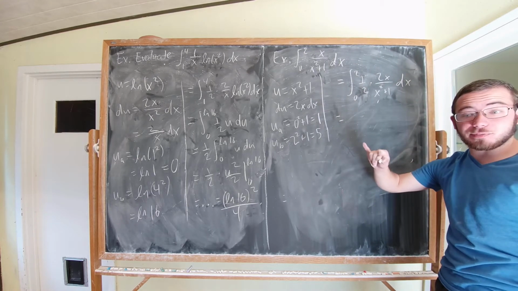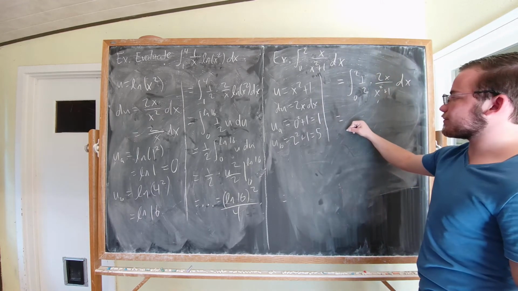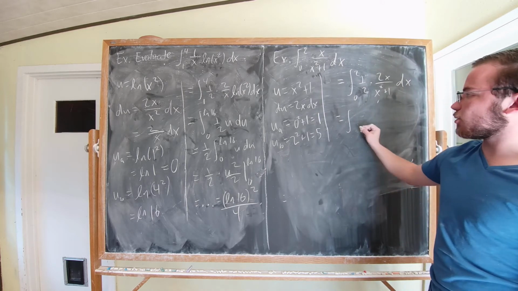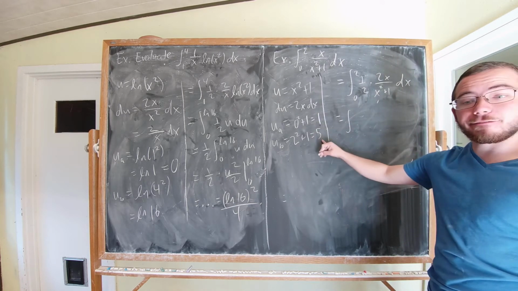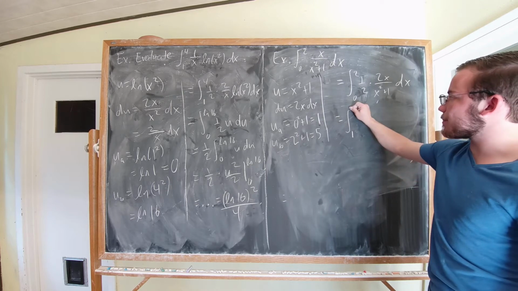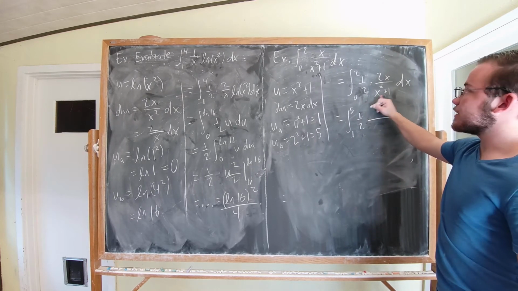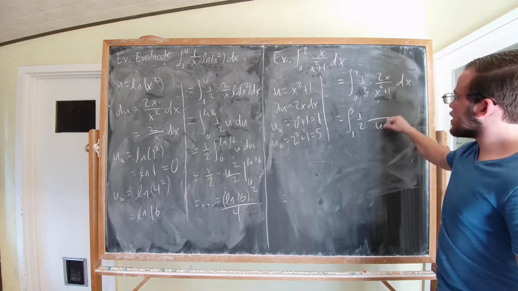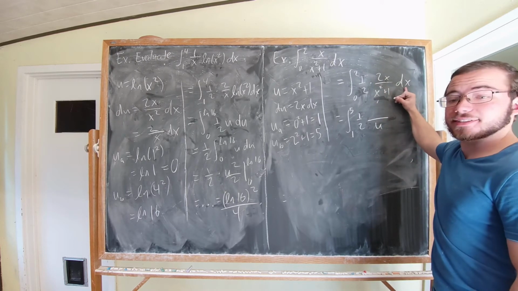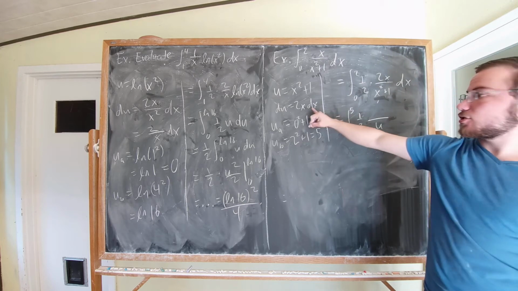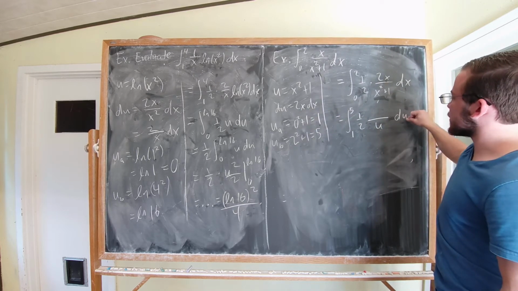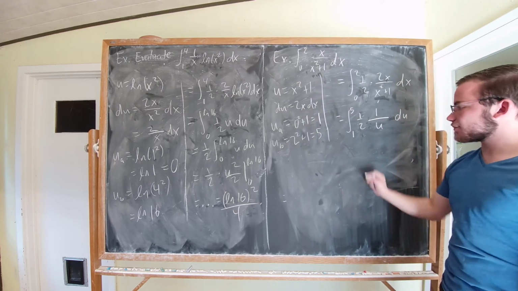Now we have all the pieces necessary to do our substitution. This is going to be the integral now from 1 to 5, lower, upper, of 1/2 times, this is our u, then we have 2x dx, that's our du. And we're just left with a 1 on top.